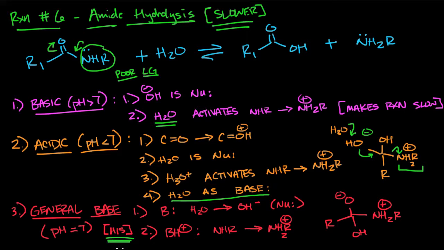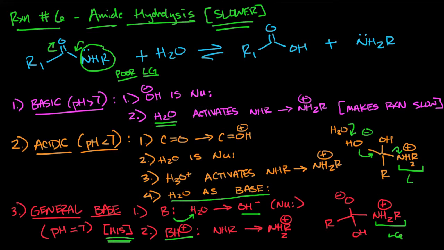So the first thing that's going to happen is the base, a deprotonated histidine, is going to pluck the H off from an H2O to give you OH-, and this is a better nucleophile. And then the resulting BH+ can activate your leaving group and make it more easily available to leave.